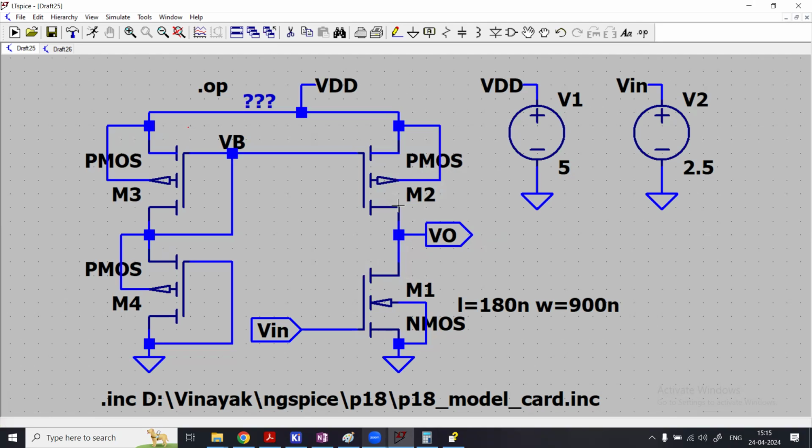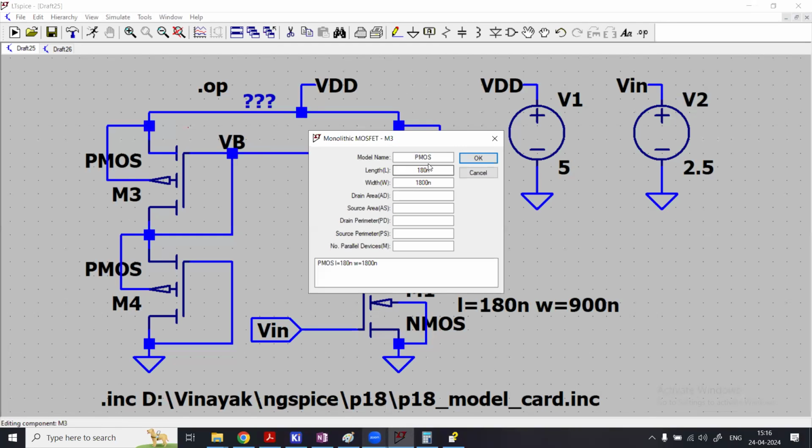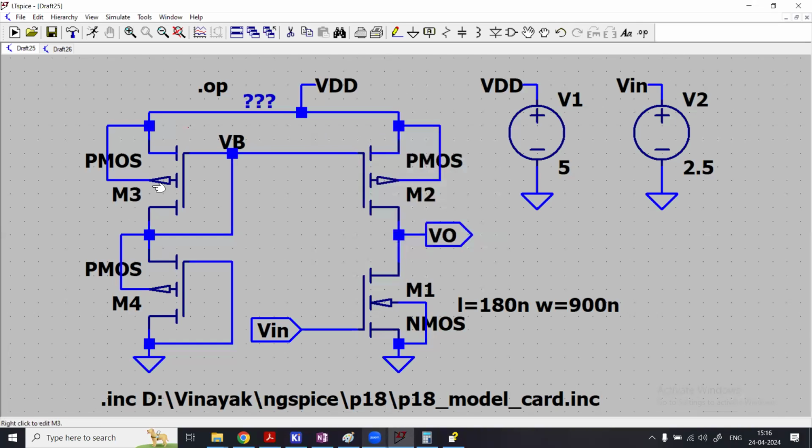So that's why, to have an equal current in both the transistors, you have to choose width to be twice, at least twice, that of the M1, so that the same current will flow. Okay. So similarly, I have chosen the length same and the width is 1800 nanometers. So obviously widths of M3 and M2 are same.